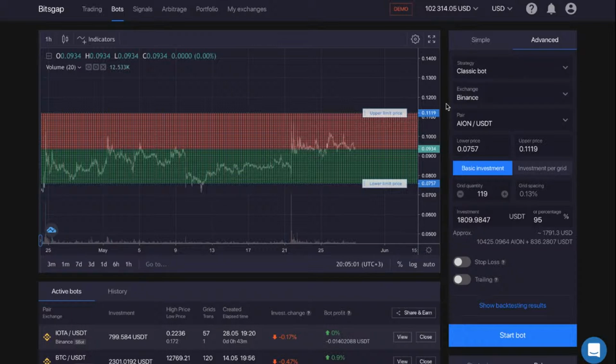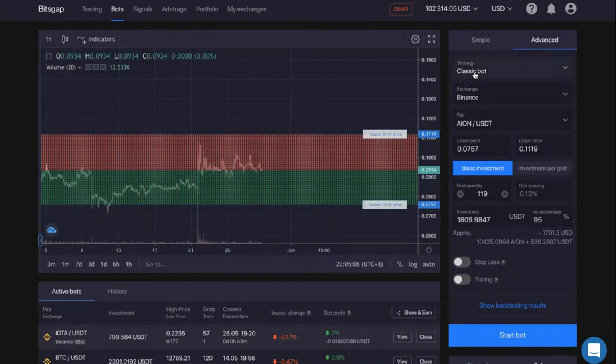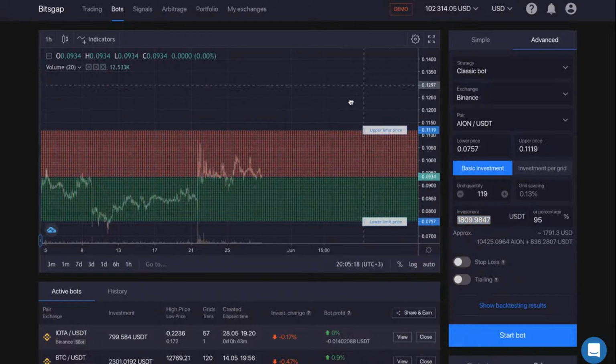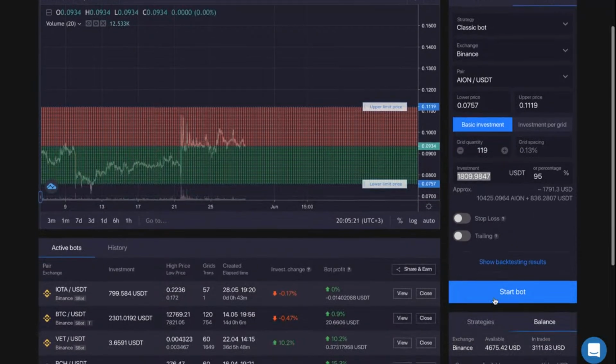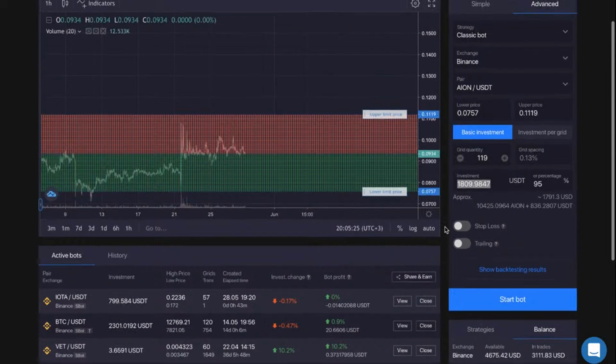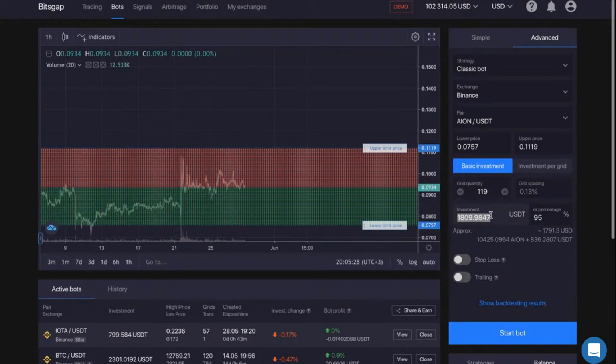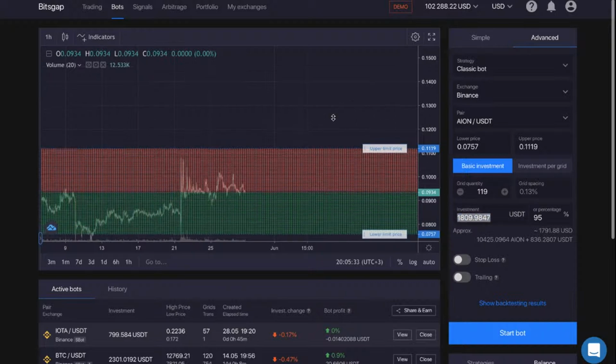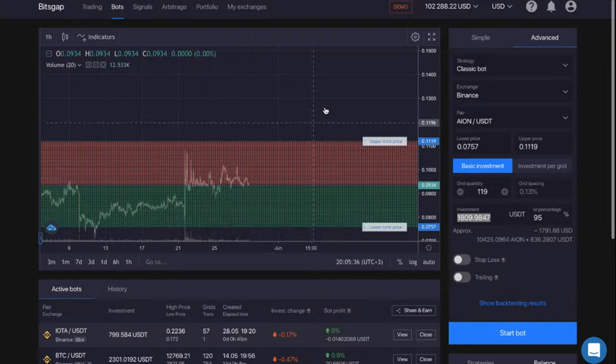So what you have to understand is that when the price is going upwards and you are using the classic bot, it can use extra money, going beyond the investment which you allocated to this bot. If the price keeps appreciating, the extra amount of money taken from your balance would increase your total investment value, and that means that you would make more profits.